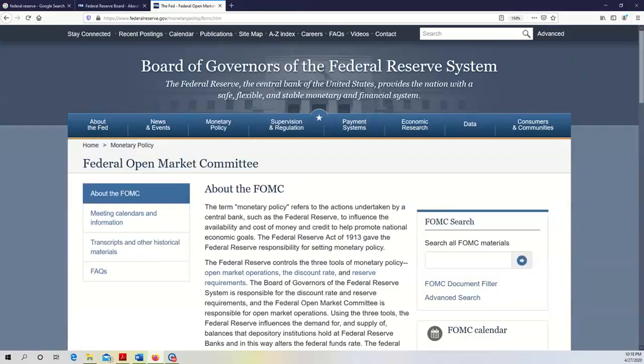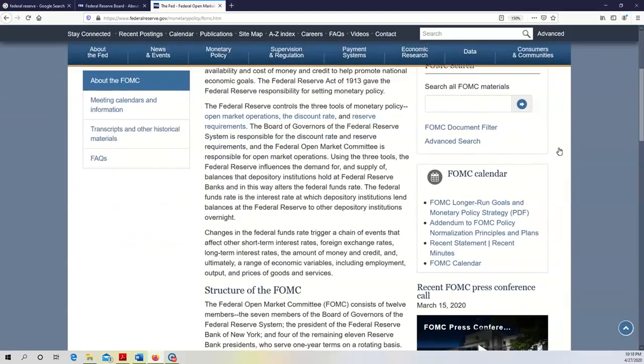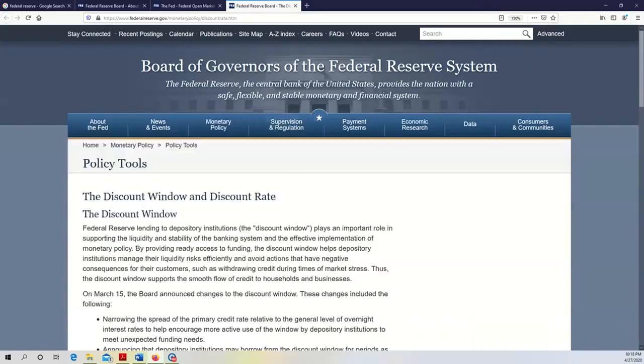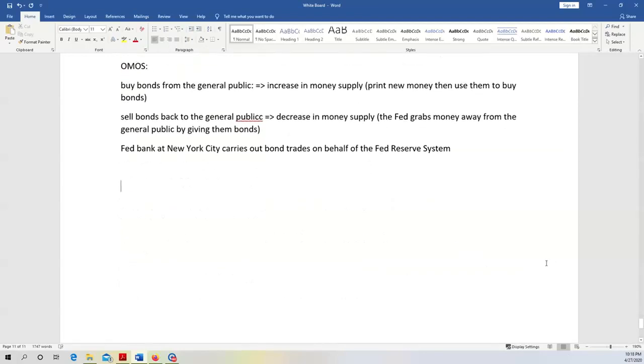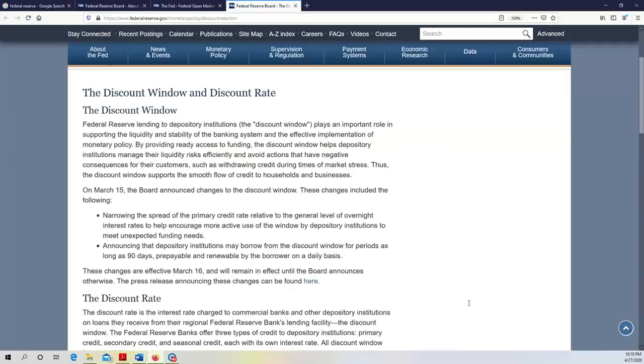There are some other monetary policy tools used by the central bank. The second tool is called the discount rate. Remember, the Federal Reserve Bank is the boss of all regional banks.